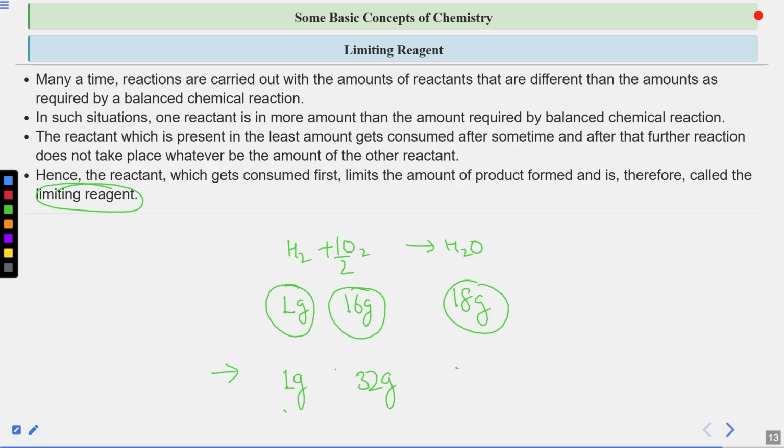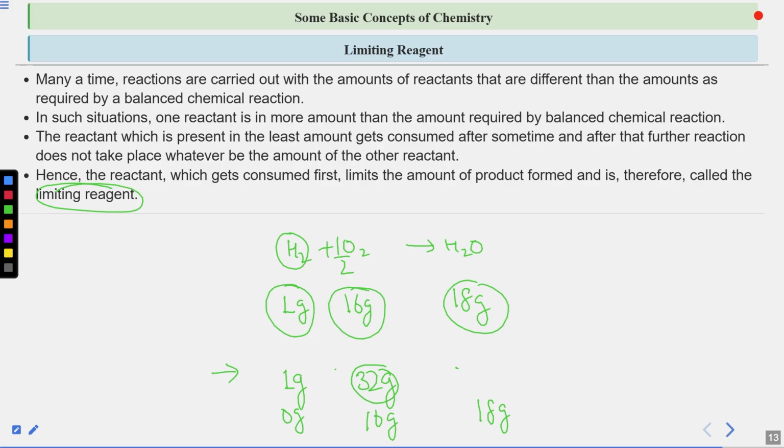So after the reaction, the 0 gram of H2 will be left, whereas the 16 gram of this will be consumed, resulting in 16 gram left in the reaction mixture, and the formation of 18 gram will take place. Okay, got it? So in this way, what you can say that hydrogen is being consumed or it was present in a lesser amount. So here your hydrogen is the limiting reagent.